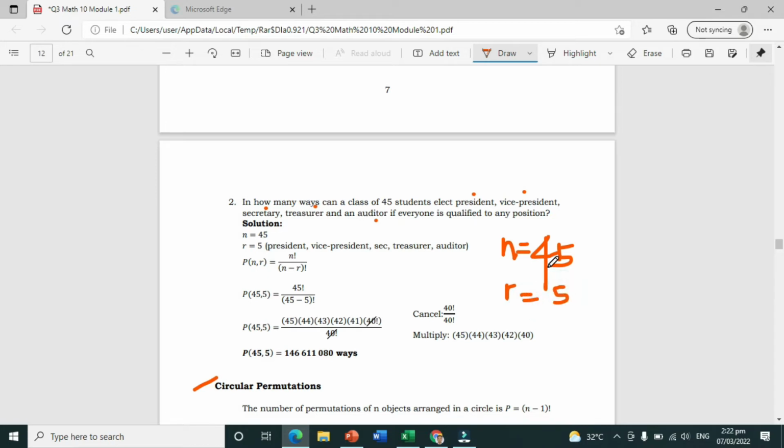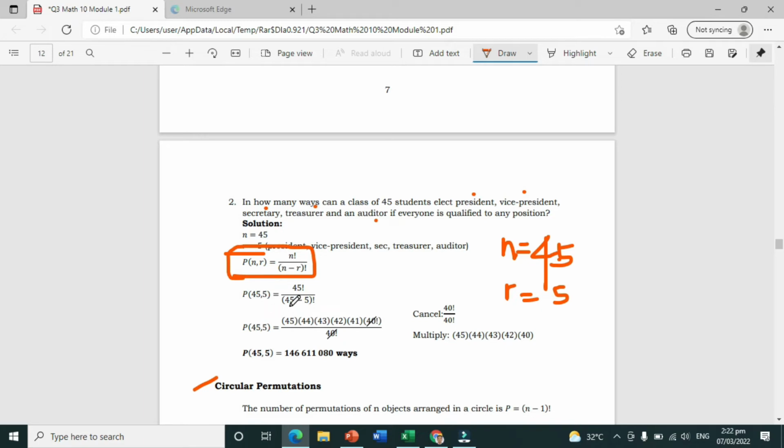So, out of 45, 5 lang yung kukunin na magiging officers. Okay, so wala nang question dito, no? So let's proceed. So since hindi equal yung n at saka r, ito yung gagamitin natin na formula. P(45,5). Question, pwede ba ito baliktarin?